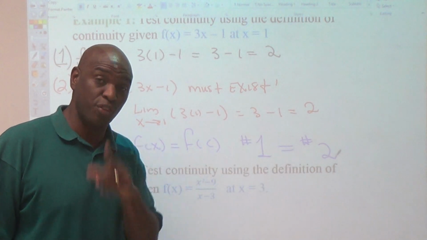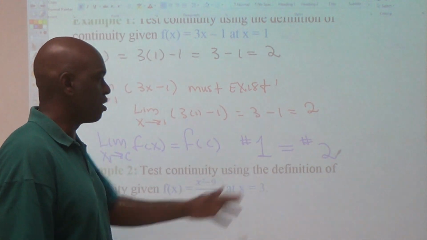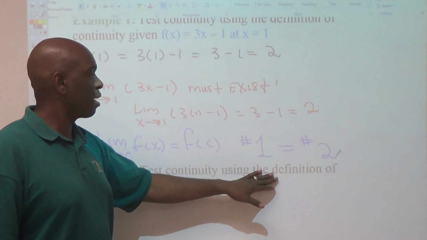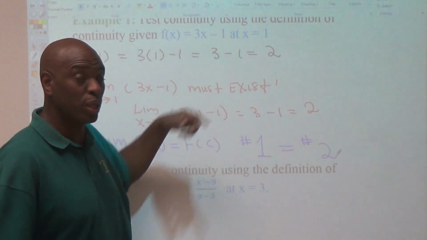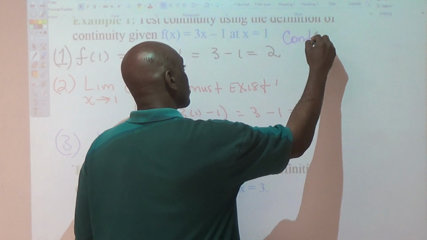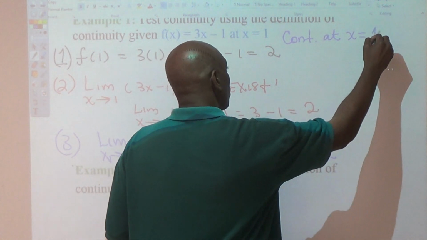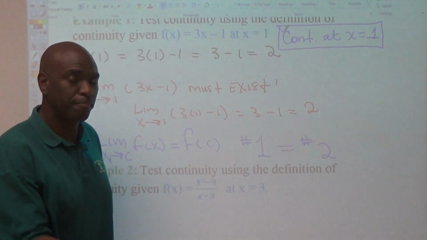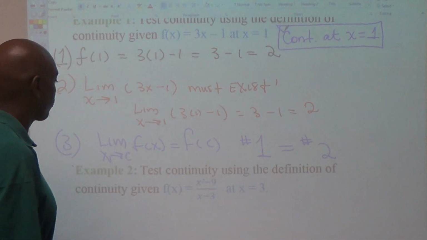If your answer is yes, then that's the answer. Yes, they are equal. Then condition number 3 is answered. And so this function is continuous at x equals 1. There you go. All three exist, are true.